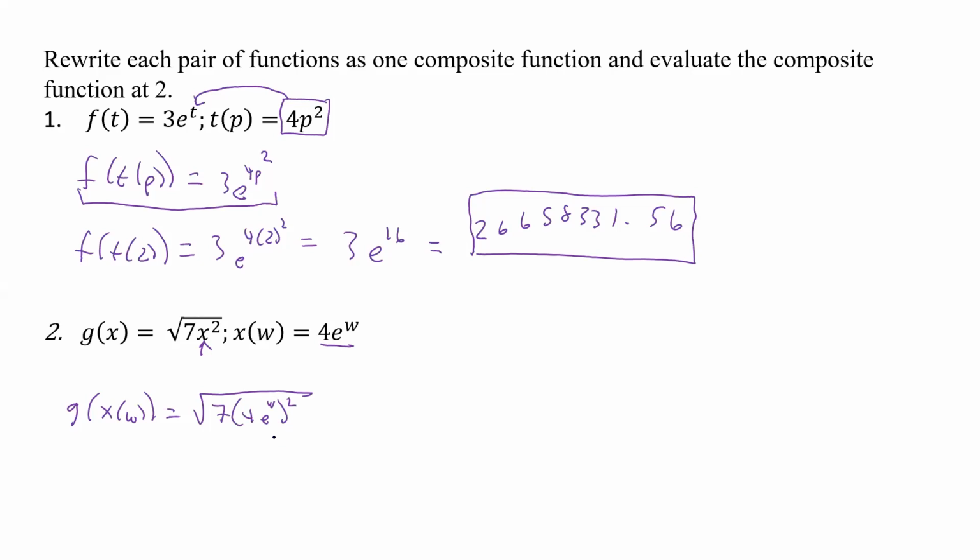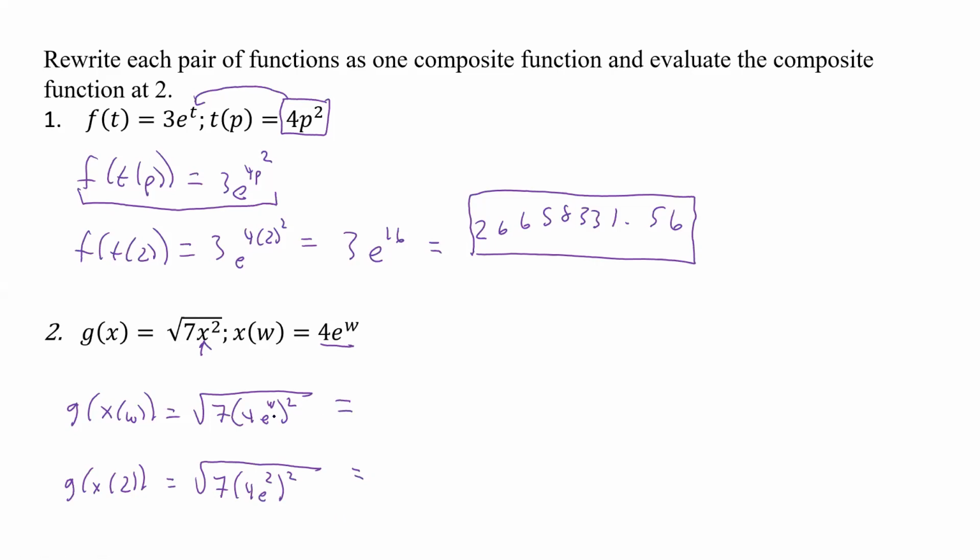Okay. Now here we could do two things. We could just evaluate this as g of x of 2 and plug everything in. We get square root of 7 times 4e to the 2, and then squared, and then we just plug all that into our calculator.